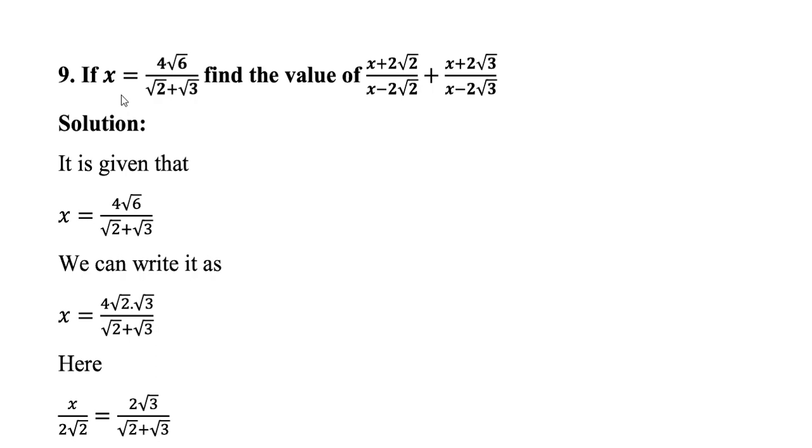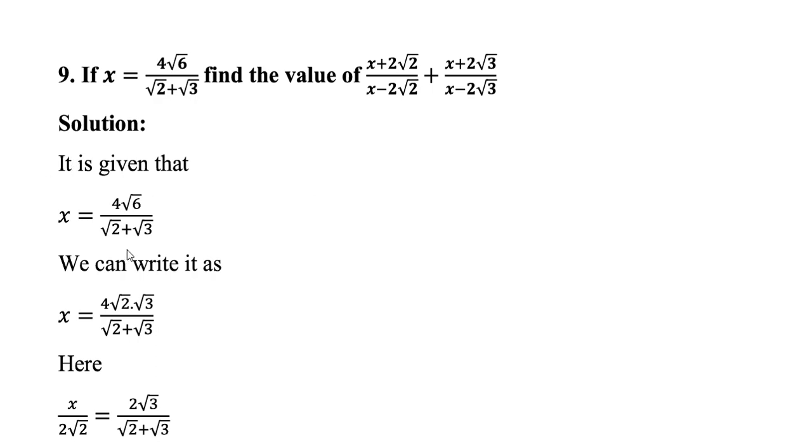If x is equal to 4 root 6 divided by root 2 plus root 3, find the value of (x plus 2 root 2) divided by (x minus 2 root 2) plus (x plus 2 root 3) divided by (x minus 2 root 3). So how to solve?